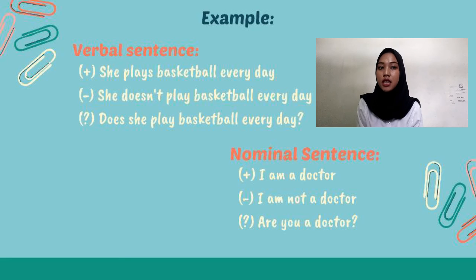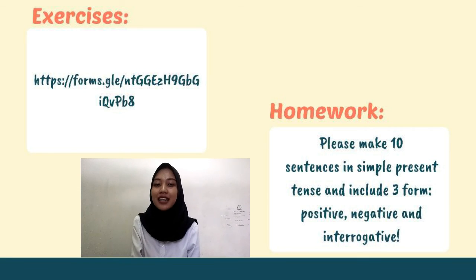Same with the positive, we use am not because the subject is I. And then the interrogative, are you a doctor? Why do we use are as the to be in this sentence? Because the subject is you. Do you understand? I hope you understand this material.